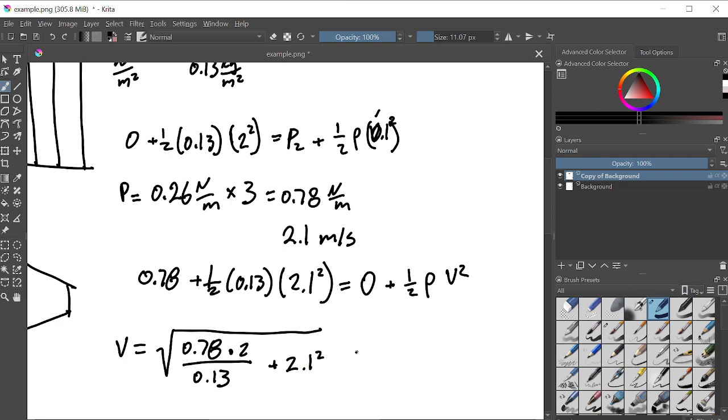That will give us a final velocity of about 4 meters a second. So you can keep adding these stages and you can get higher pressures and higher velocities.